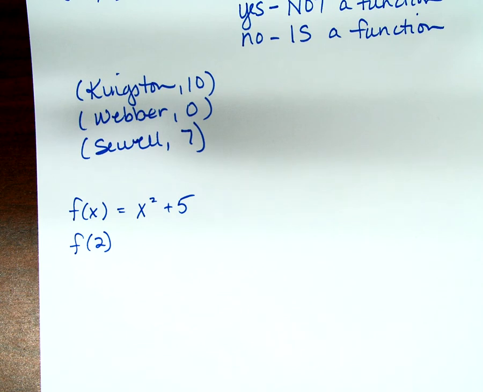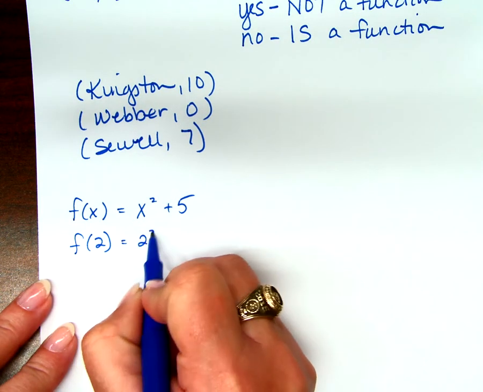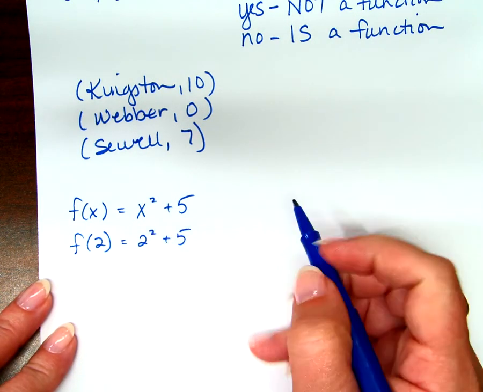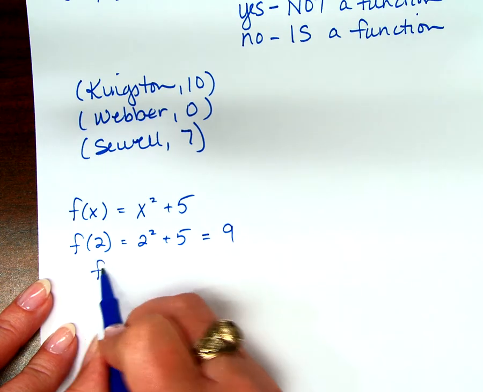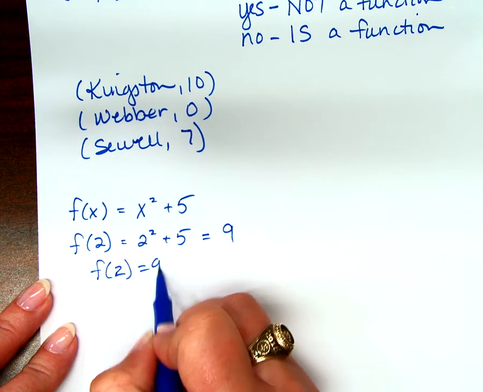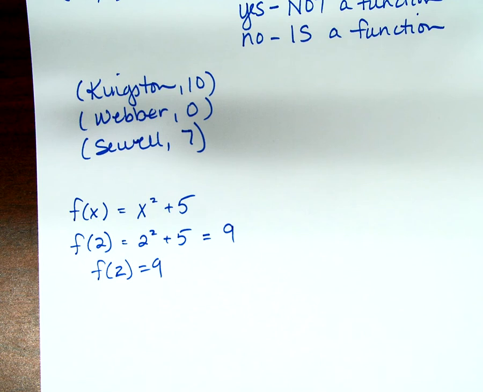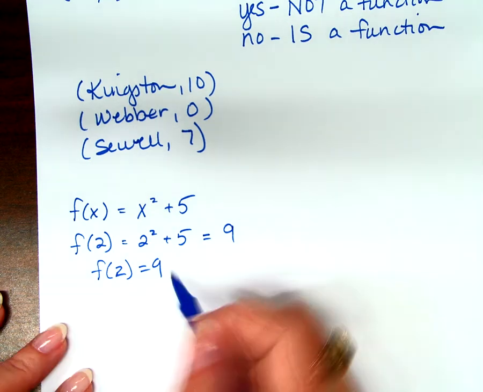So that means anywhere there is an x, I want to put a 2. So 2 squared plus 5. 2 squared is 4 plus 5. So f of 2 equals 9. What else does that mean on the graph? When the x value is 2, the y value is 9.